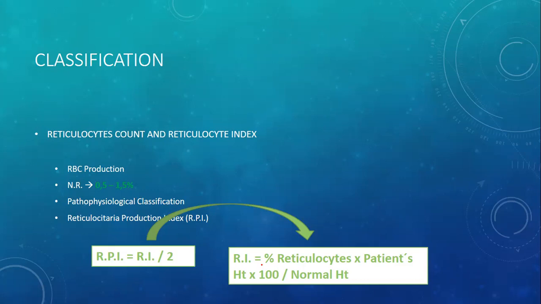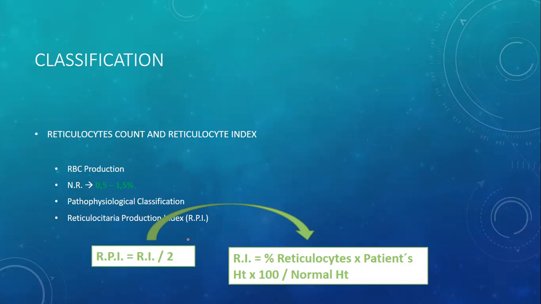So we write down this percentage and multiply it by the patient's hematocrit, divide both numbers by the normal hematocrit for a person's age, sex, and altitude, which are different for all of us, right? And multiply it by 100. That's how we get our reticulocyte index, okay?